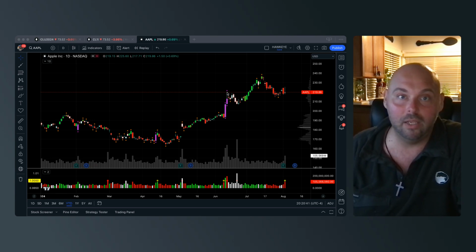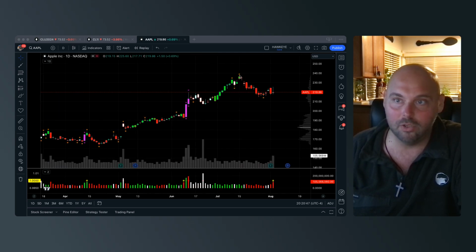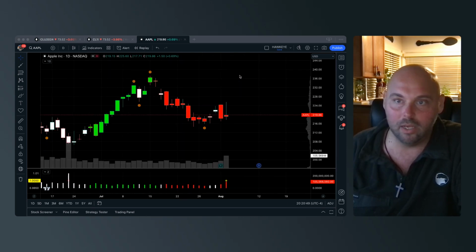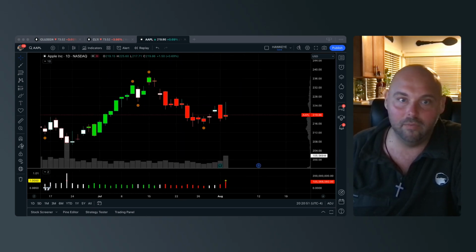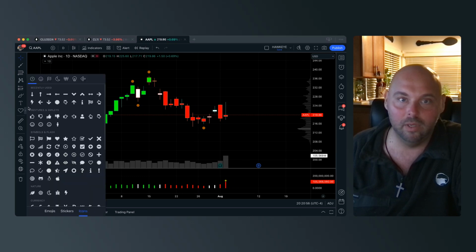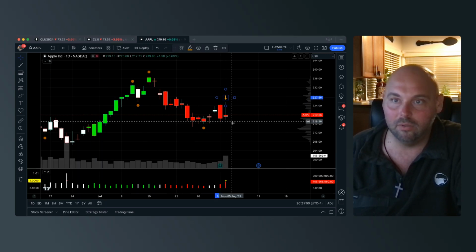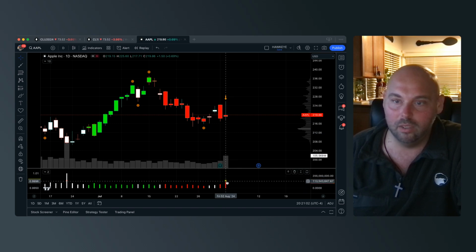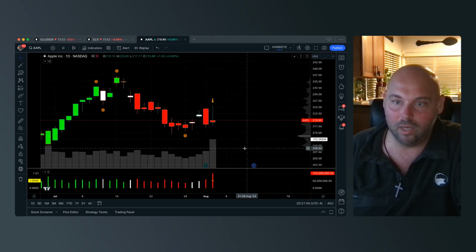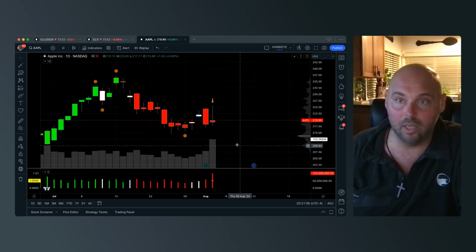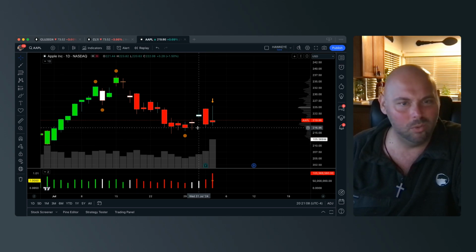So what we're looking at here is a chart of Apple, okay? This is a daily chart on the NASDAQ exchange. I'm going to zoom in, and I want you to take a very specific look at the last candle that closed here. Why do I think this is important? Take a look at that candle. We finished with notably high selling volume, but we didn't make a new low.